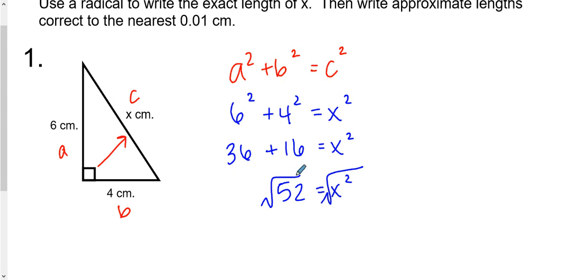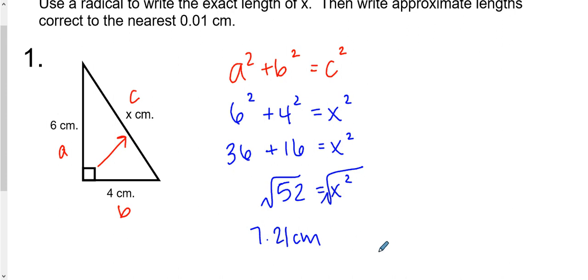The square root of 52 would be my exact answer. And if I type that in my Casio calculator, there is a button to change from a fraction to decimal. And so that F arrow D button will change this to a decimal for you. And I end up with 7.21. My units here are centimeters.